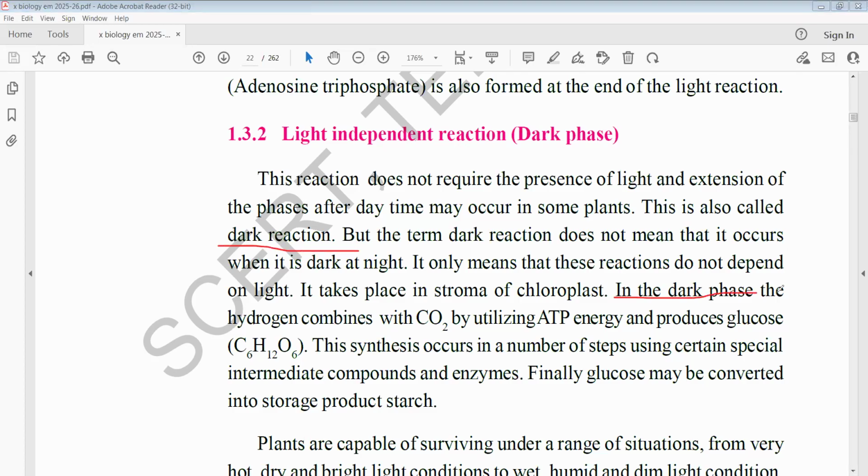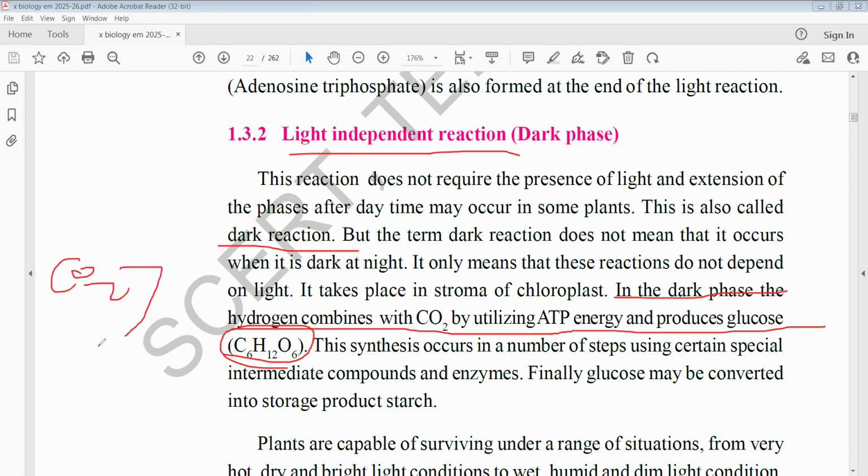In the dark phase, hydrogen combines with carbon dioxide by utilizing ATP energy to produce glucose. The main product in the dark phase is only one product, CO2 converting into glucose.